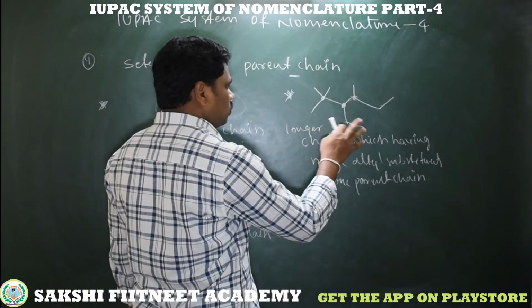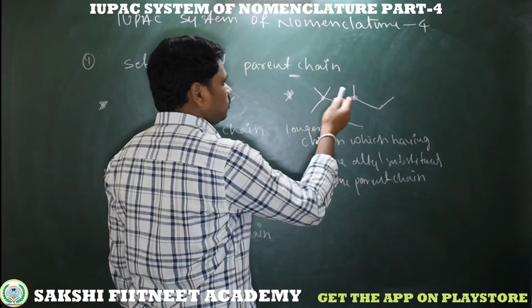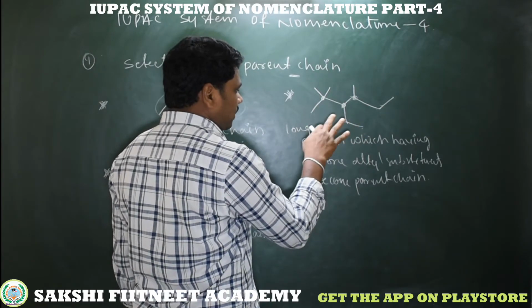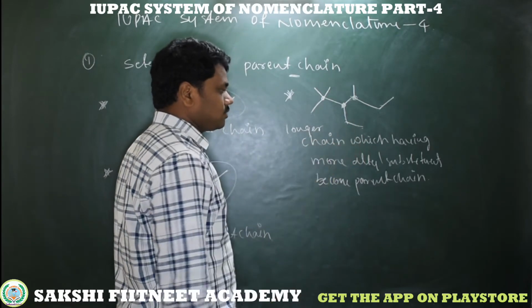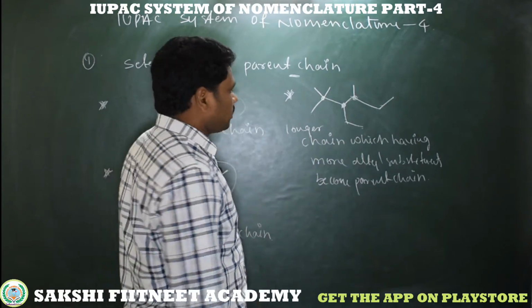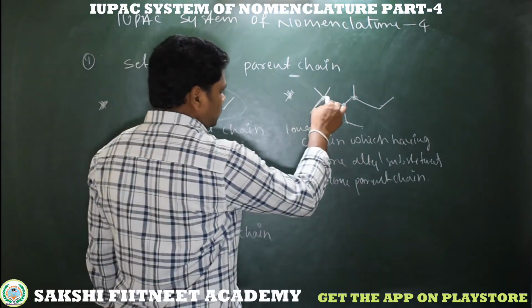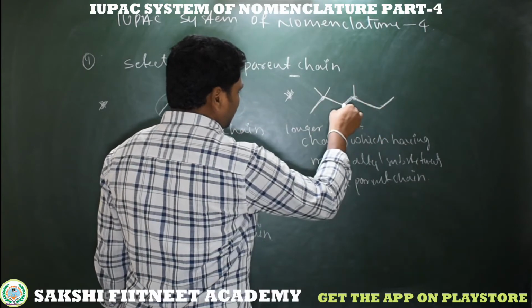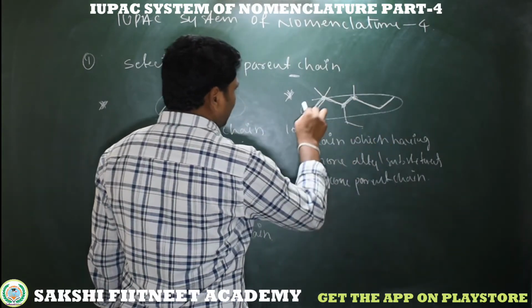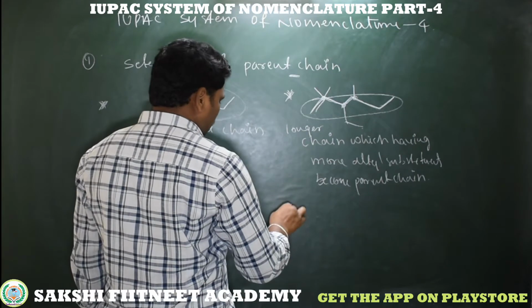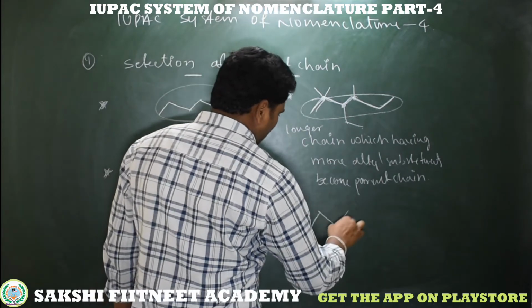So here we have 2 longer chains. So you just go to the next level to select a parent chain, that is based on the alkyl substituents. So in this case, see, this is the chain which has more alkyl substituents, and it becomes the parent chain. Now I am taking the compound.